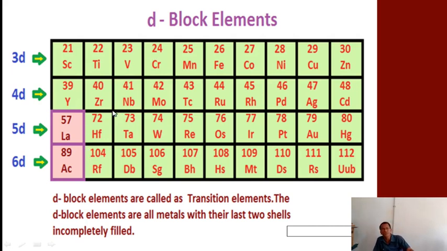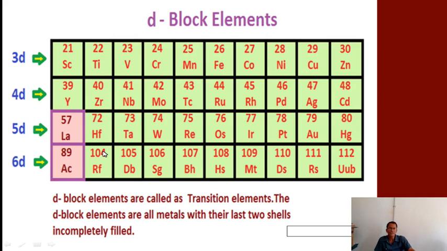These are called 5 series: first series, second series, third series, fourth series. Some important elements are iron, nickel, copper, zinc, mercury, silver, gold, and platinum. These are called D block elements.